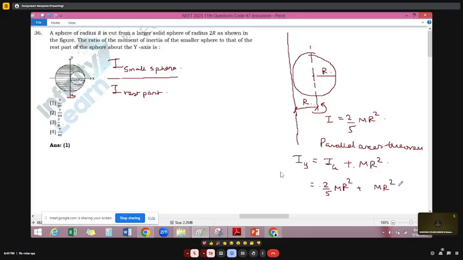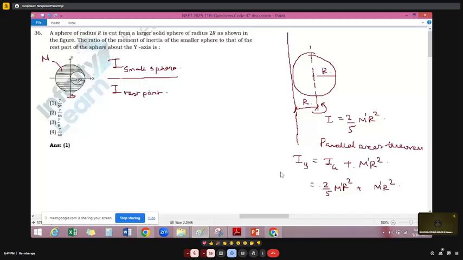However, I think I made a mistake here. The mass here should be connected with the mass of the total sphere because it is cut out from this bigger sphere. That means I'm going to call this m dash. Why m dash? The cutout region.